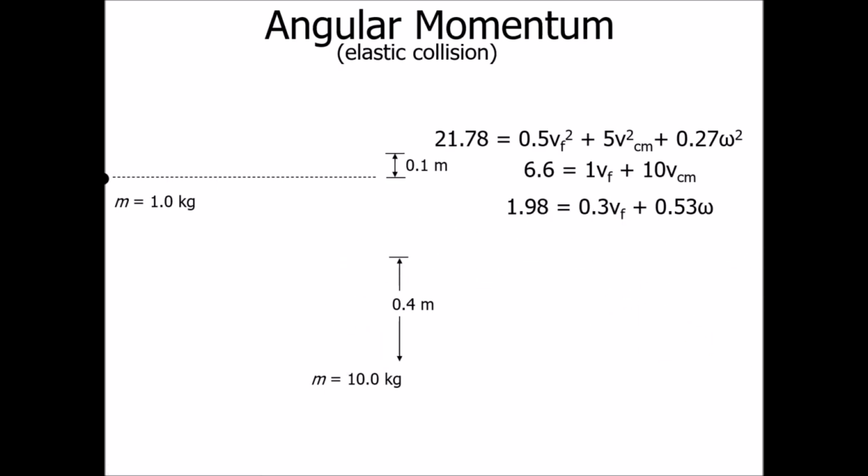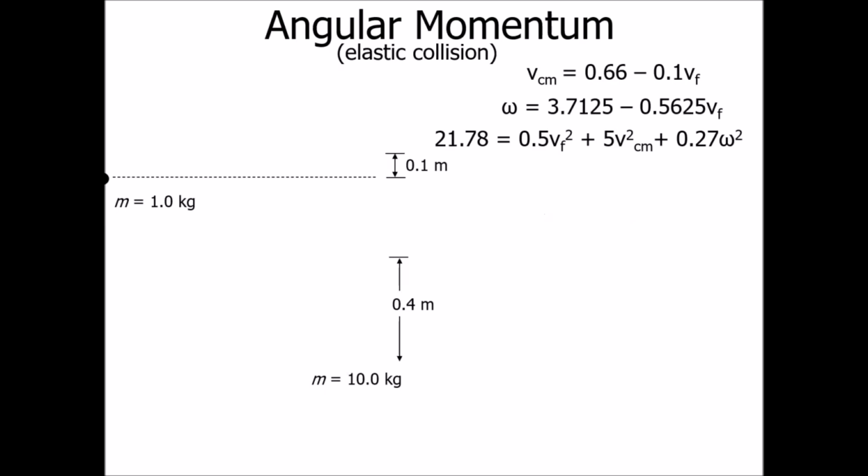And I can solve this system of equations. I'm taking the second equation and solving it for the velocity of the center of mass in terms of everything else, and I took the last equation and solved it for omega in terms of everything else. I can plug into that, and notice everything then will be in terms of the final velocity.